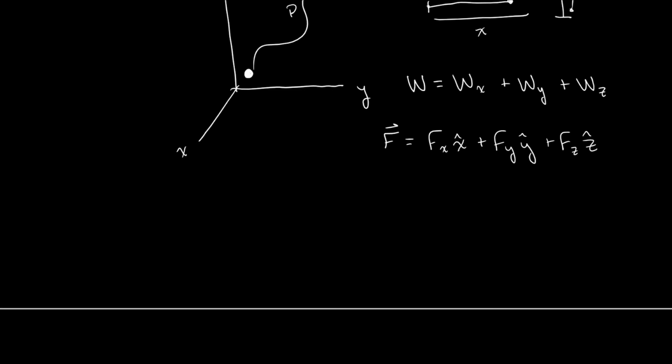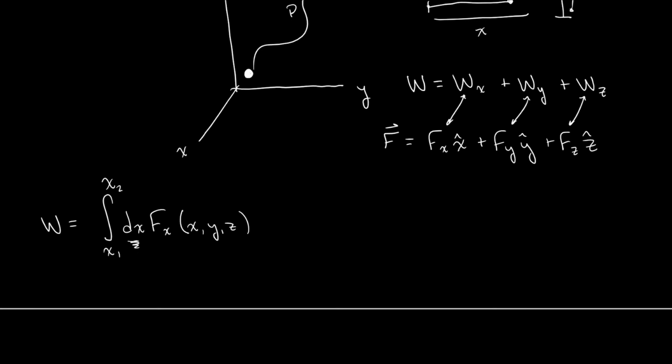So now all I have to do is pair these up. I know my expression for one-dimensional work, so I'll just pair each of these up and say that my work done is equal to the integral from x1 to x2 of dx times the force in the x direction. And keep in mind that this could be a function of x, y, and z, but we're only integrating with respect to x.